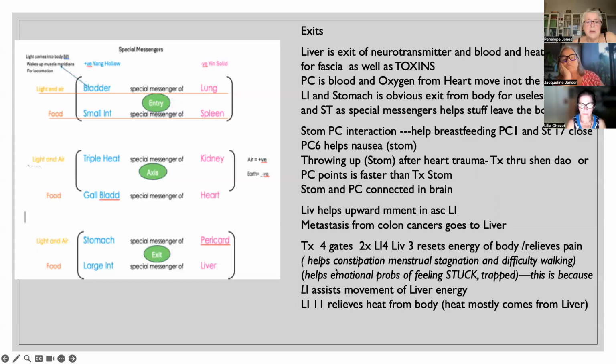So he talks about treating the 4 gates, which are 2 large intestine points and 2 liver points. So you do them on both sides. They're called the 4 gates. And it helps to reset the energy of the body. I've heard about this, but I've never used it. And it also helps to relieve pain, apparently.